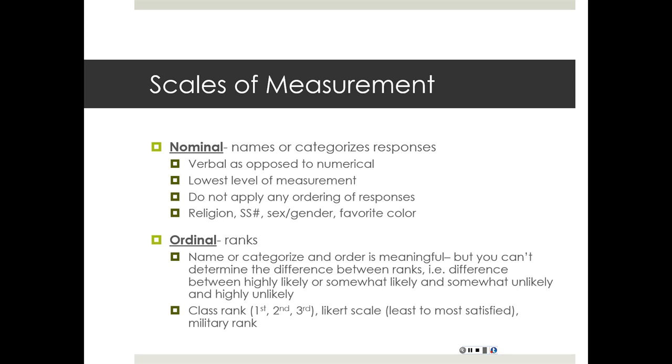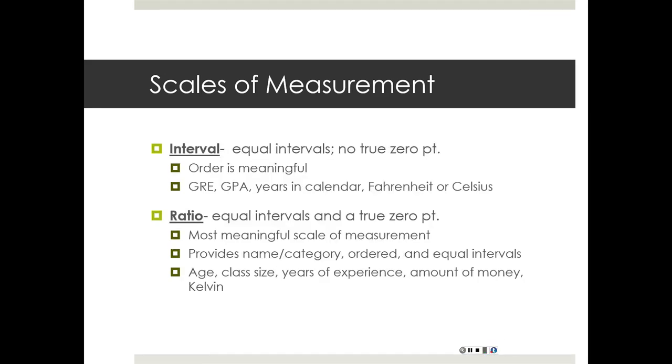The next scale is interval. As you may have presumed, this scale of measurement includes identity and magnitude, as well as equal intervals. In the interval scale of measurement, order is meaningful. However, there is no true 0 point.